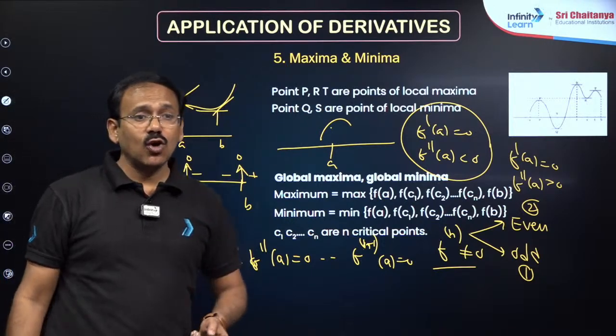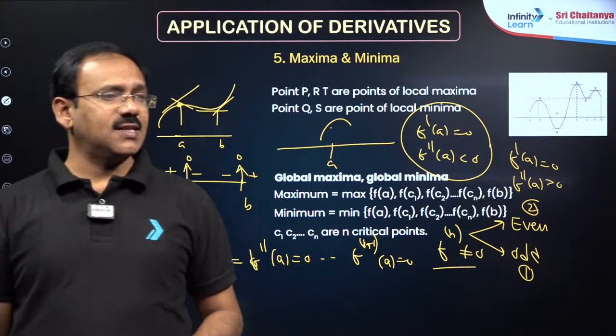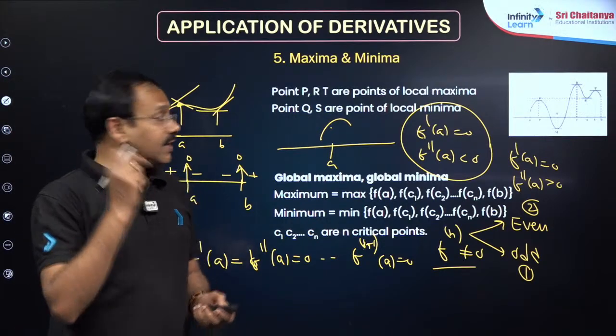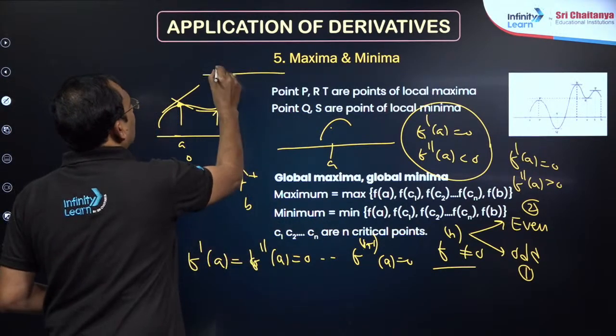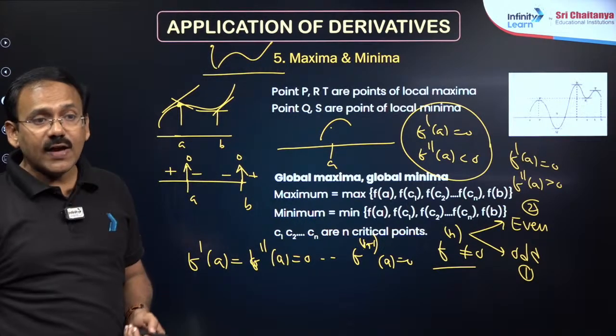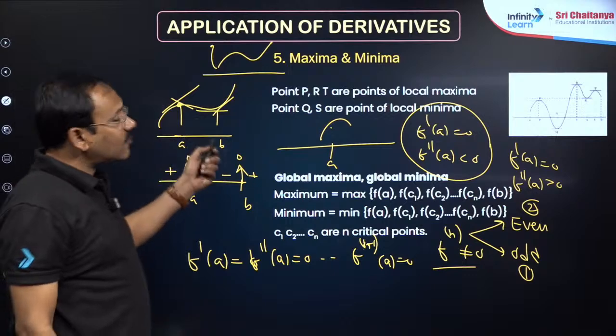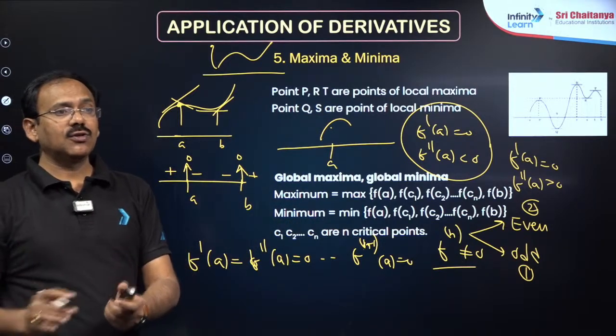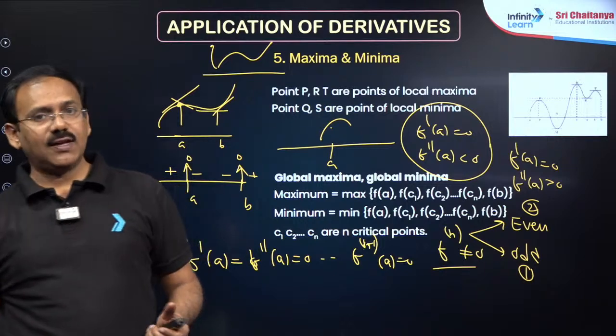After that, my dear friends, global maxima, global minima. Global maxima means, in the given interval, the maximum value of the function. Sometimes it may be at the extreme values also, dear students. Apart from all local maximums, you have to find f of a, f of b also. Of those, you have to take the highest value.